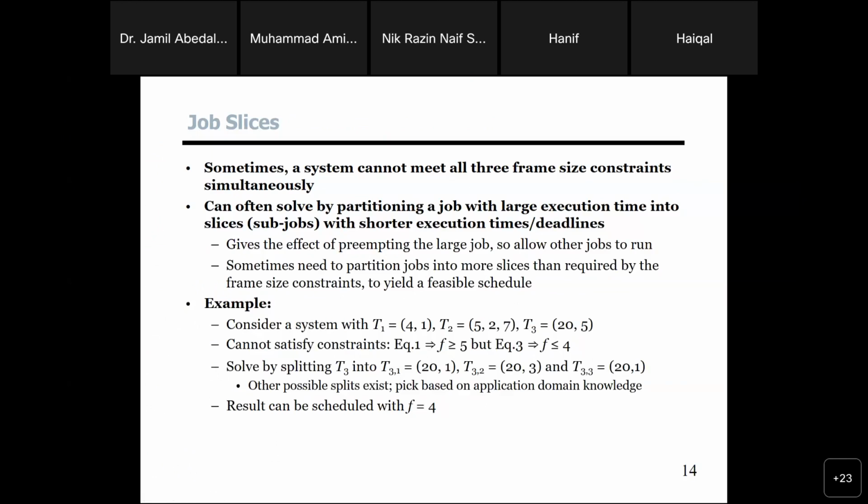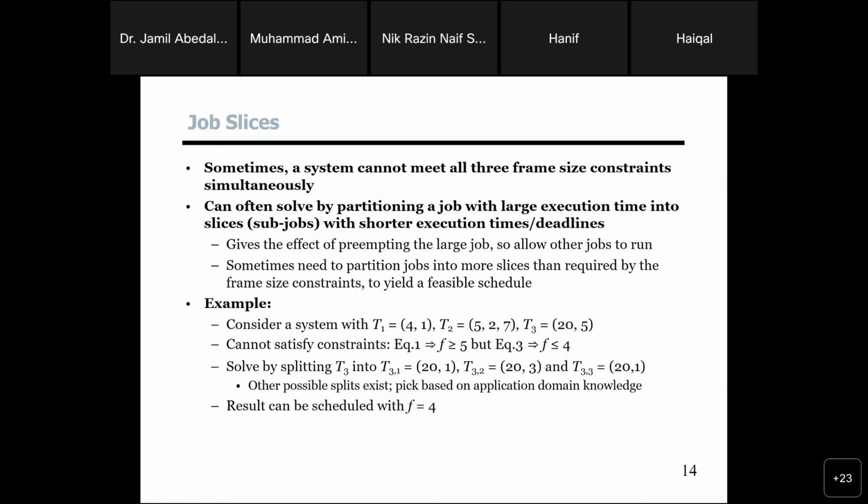Job slice. Sometimes we need to do job slice. Sometimes a system cannot meet all 3 frame size constraints simultaneously. We can often solve this by partitioning a job with large execution time into slices or sub jobs with shorter execution time or deadline. By the way, sometimes we also have questions related to the job slice.